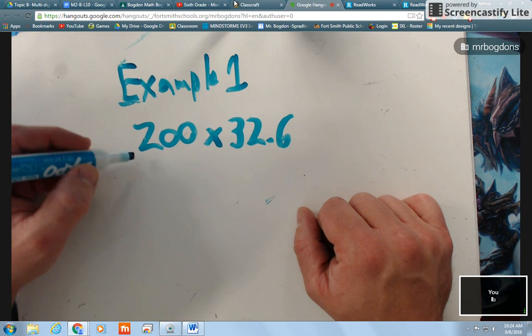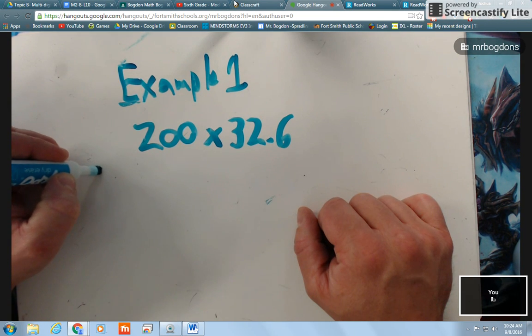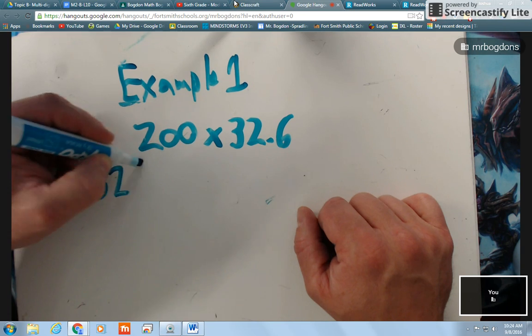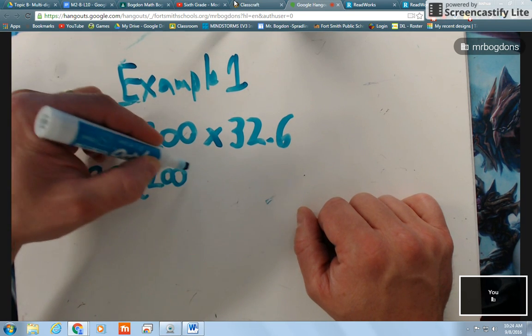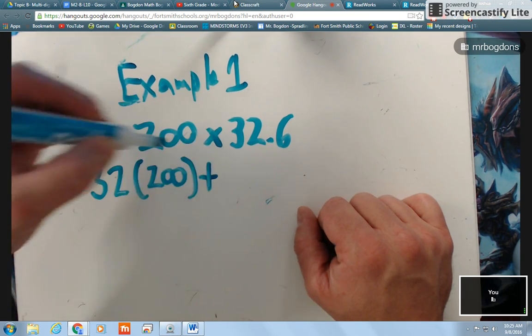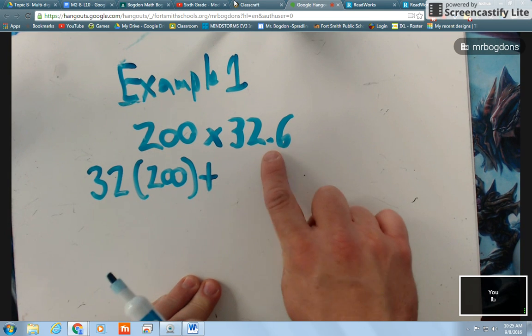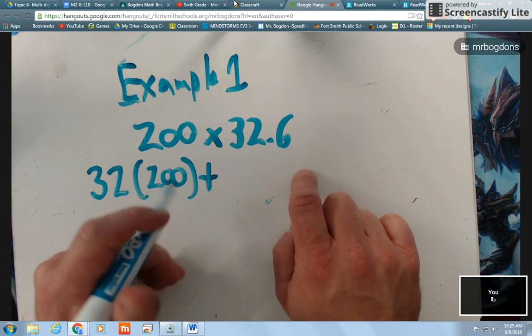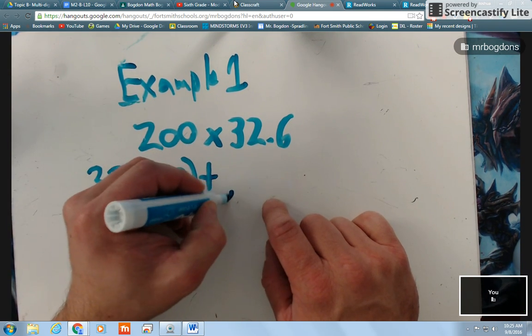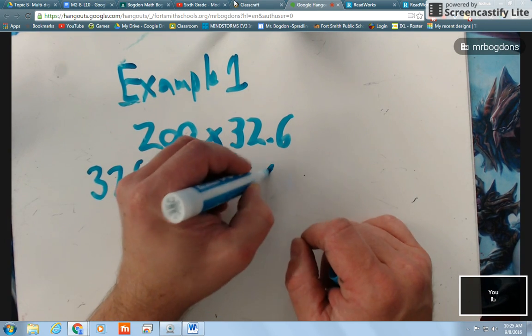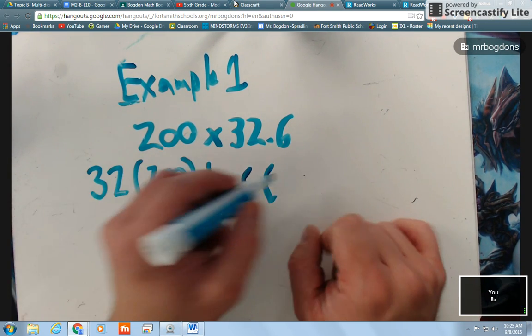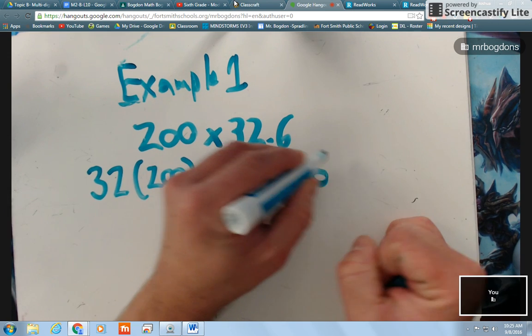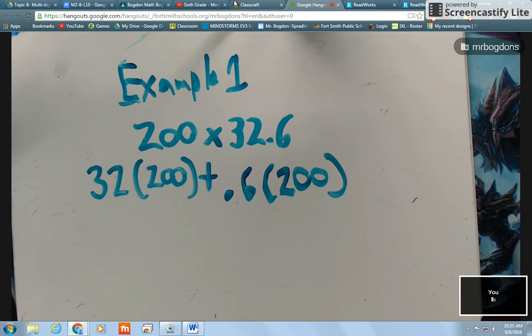So I'm going to distribute the 200 to 32 times 200 plus, because what is 32 and 6/10? So now I need to write my 6/10, and I distribute the 200 right there.